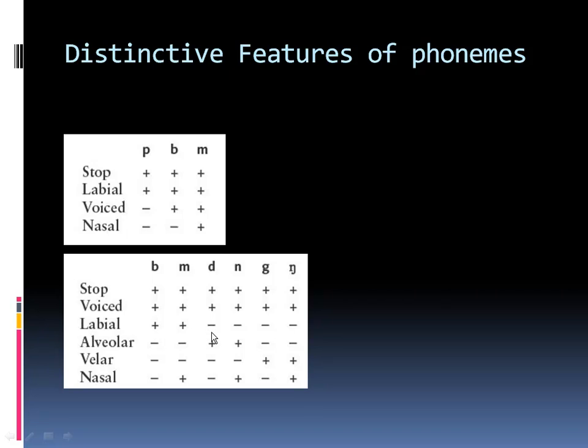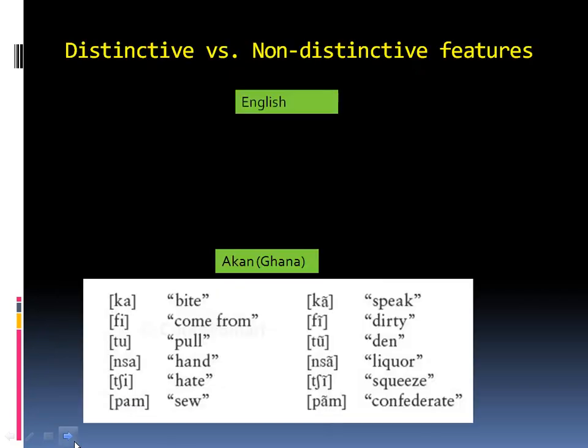Do is alveolar ridge and there's no lips involved. So plus minus, if you say bad, dad, there's a meaning distinction, right? So that's what distinctive feature is all about. Nasal sounds in consonants too. There, it's a distinctive feature.